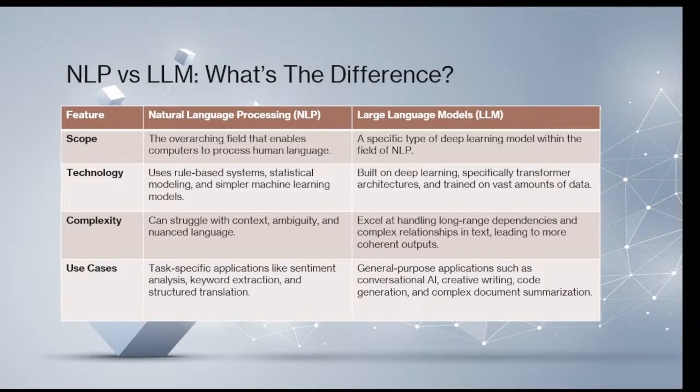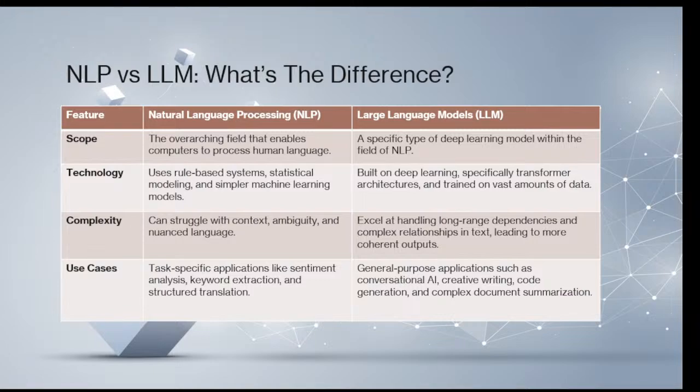The technology used in NLP is more of a rule-based statistical modeling, simpler machine learning models. Your LLM is built again on deep learning, specifically using architecture trained on vast amounts of data. Whose data? Probably my data, our data, right? Being used for that.